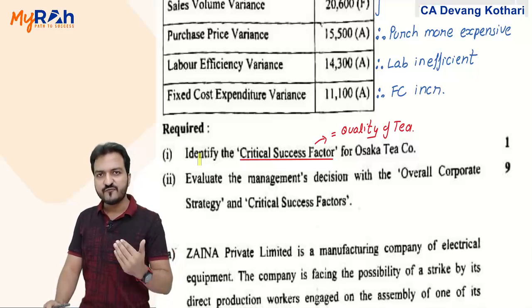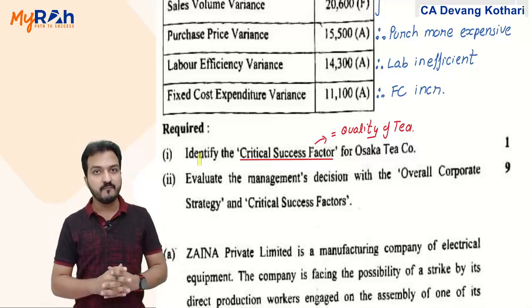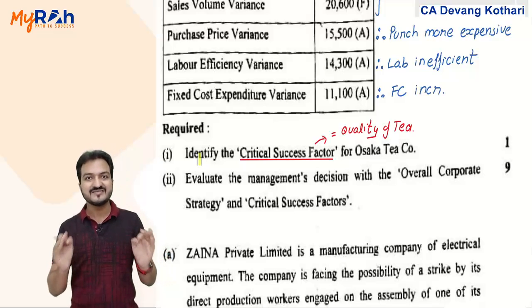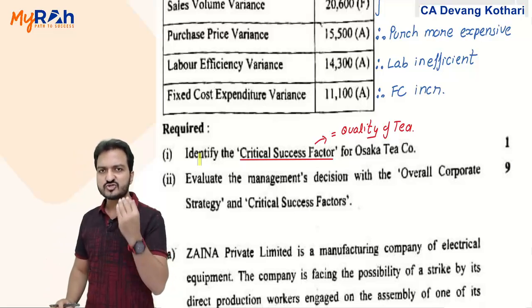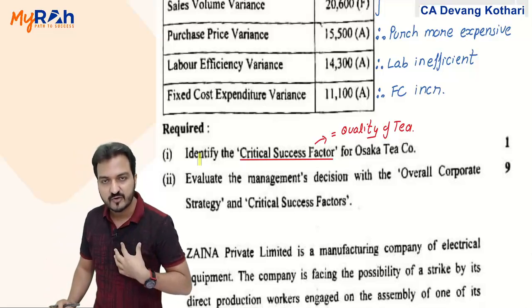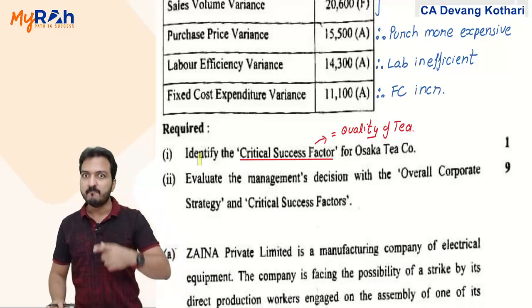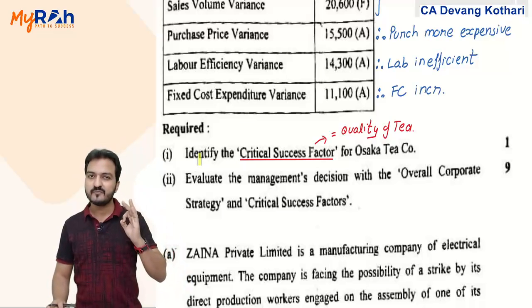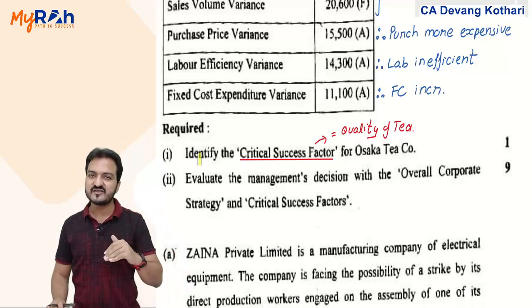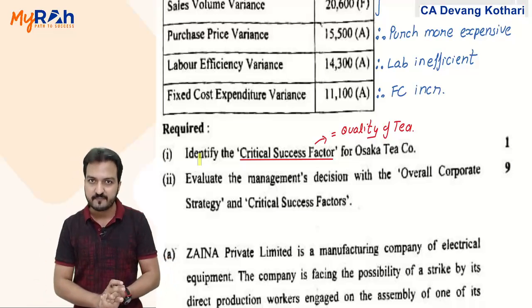Because if the company is focusing on good quality, then naturally the customers of the company are not price sensitive. If the critical success factor of the company is quality, meaning all my customers are buying my product not because my product is cheap. My customers are buying my product because it is a good quality product. So by decreasing the price, increasing the price, my customers will not be affected as long as my quality remains the same.